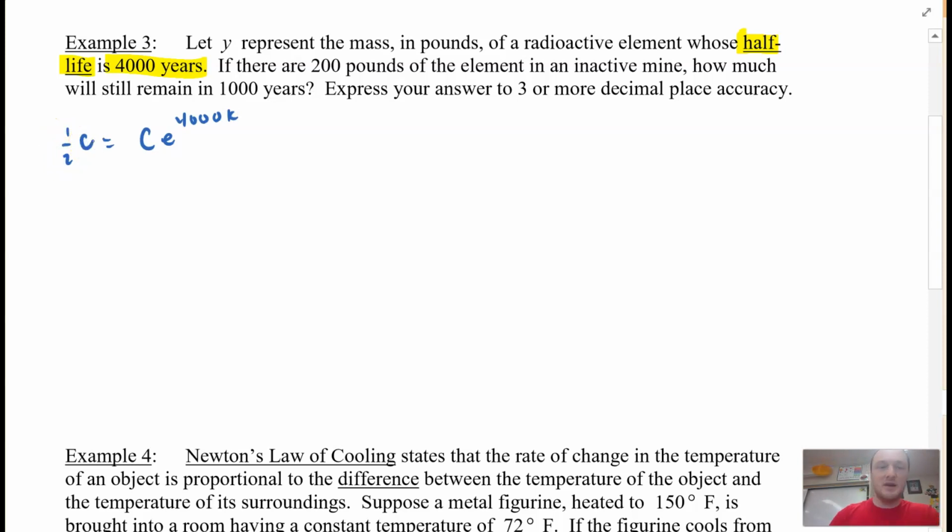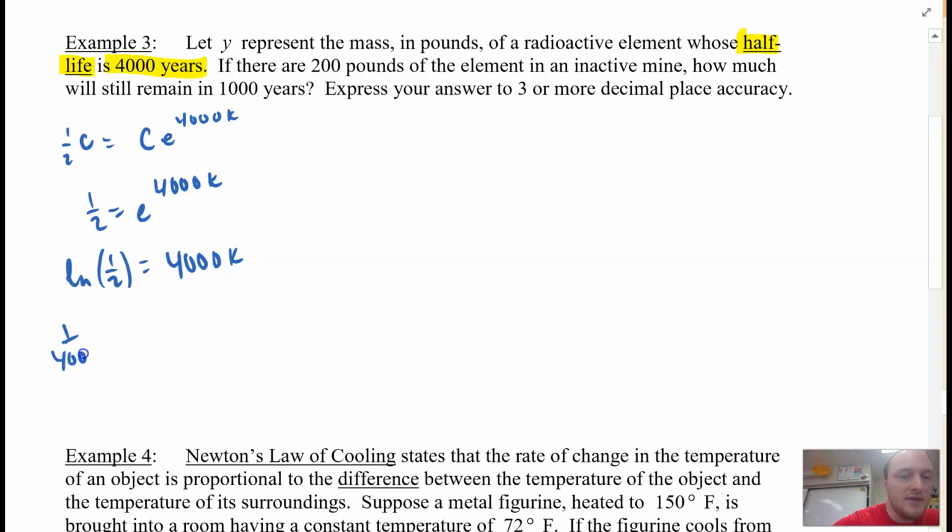All right, okay. Next, I need to solve for k with this model. So I'm trying to identify what that growth or decay rate is. So we'll divide both sides by C. So 1/2 = e^(4000k). I'll take the natural log of each side, and then I'll divide by 4,000.